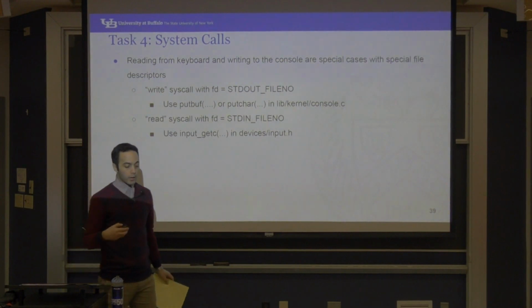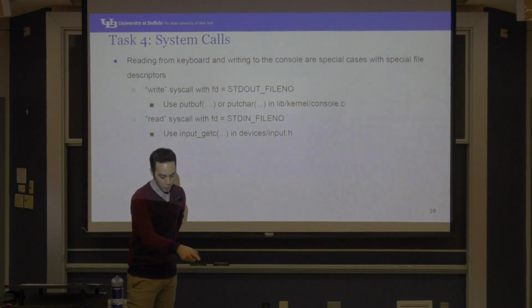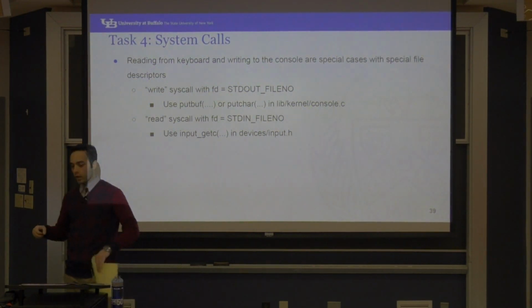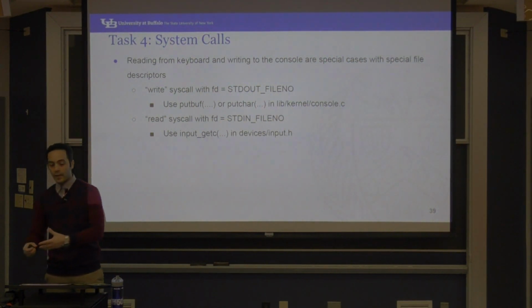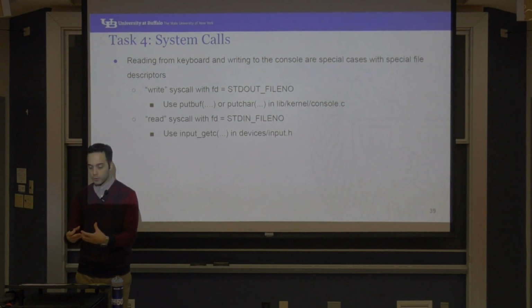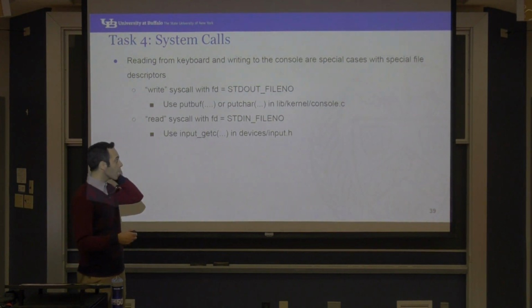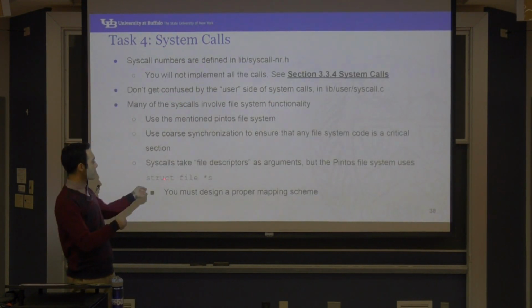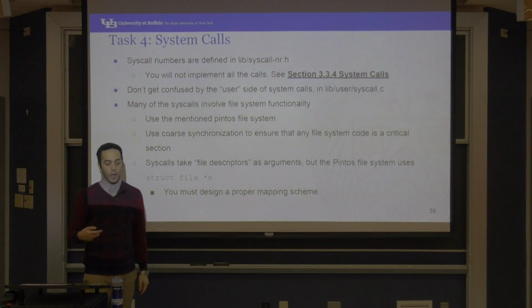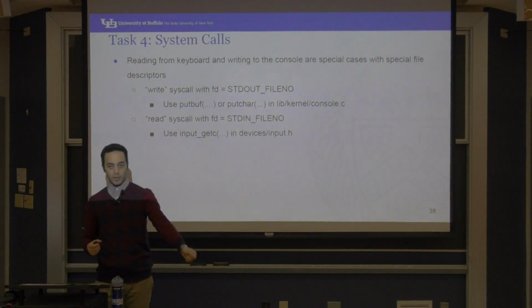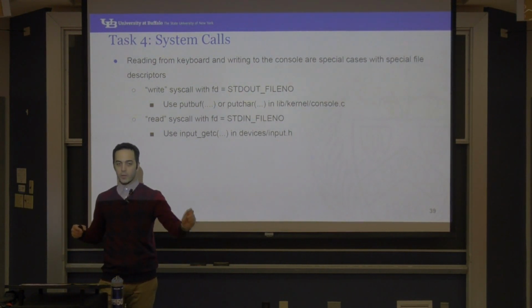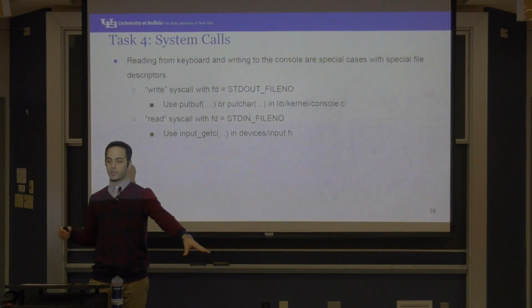So then the operating system can say, okay, you want to open this file. All right, I'm going to use the file system that I have and open this file, and then I'm going to associate a file descriptor to this file struct. And remember, the operating system works with the struct file. I do this mapping, and then I'm going to give you a file descriptor for this file. So whenever you want to call file open, close, read, write, whatever, this is the file descriptor that you're going to use.